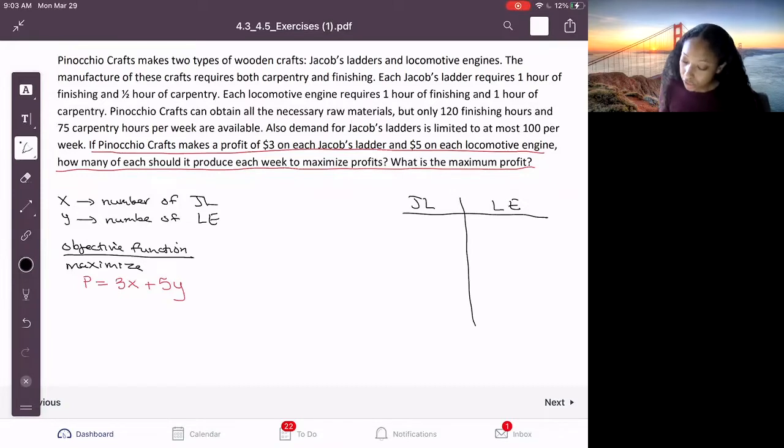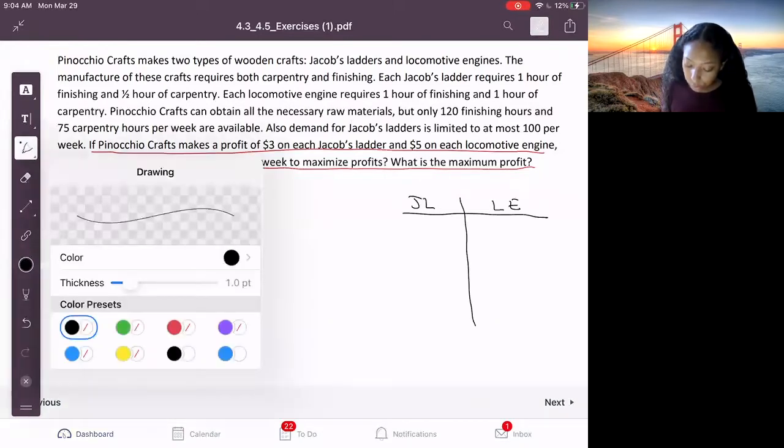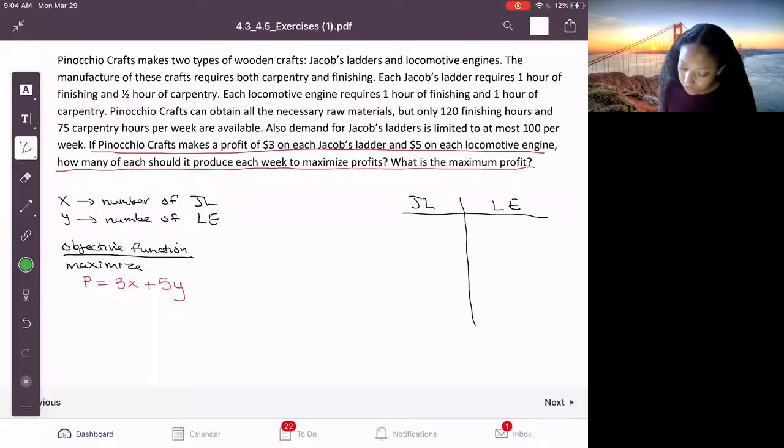And we're given information about the finishing and carpentry for each. For the Jacob's ladder, it says we have 1 hour of finishing and half an hour of carpentry. Let's color code this. We'll let green represent the finishing, and so that was 1.